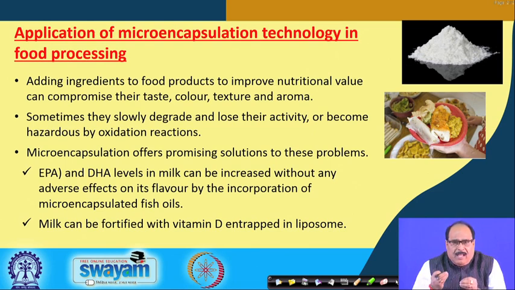But if fish oil is directly added into the milk, it may interfere with the flavor of the milk, may get some sort of fishy flavor, etc. So, the encapsulation of the fish oil provides a good solution, that is, the encapsulated fish oil can be added into the milk without any adverse effect on the milk flavor and other characteristics.